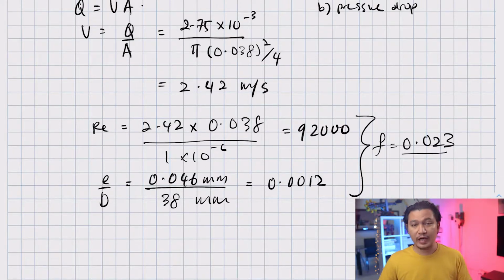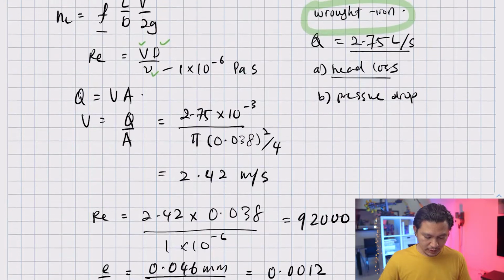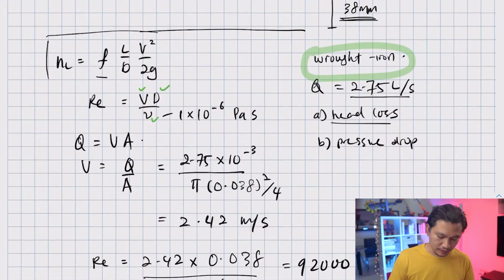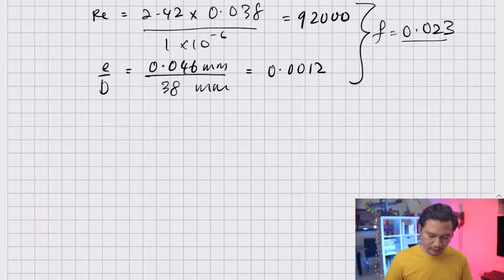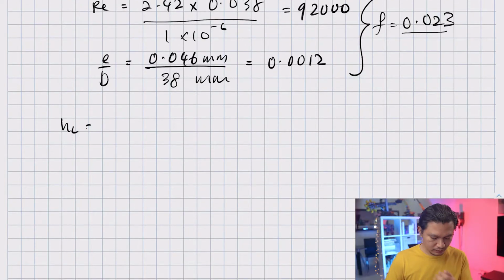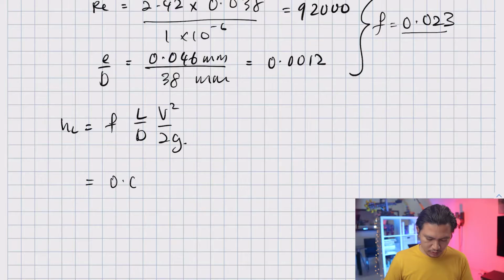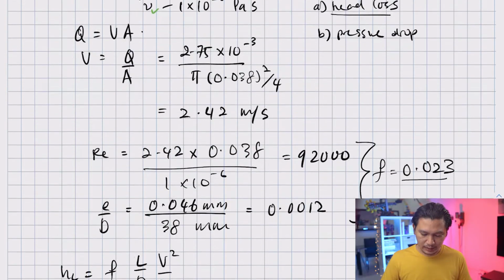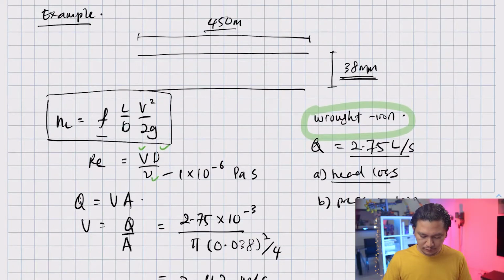Now I think when we have the friction factor, we can finally solve this equation. Okay, so let me write that again. hL is equal to f L over D times V squared over 2g. So now f is 0.023. L is the length of the pipe, and the length of our pipe is 450 meter.